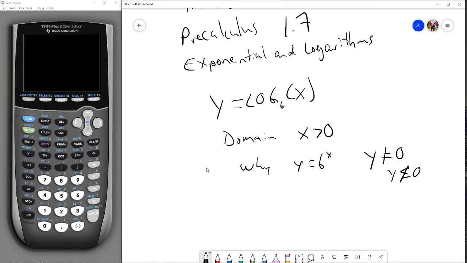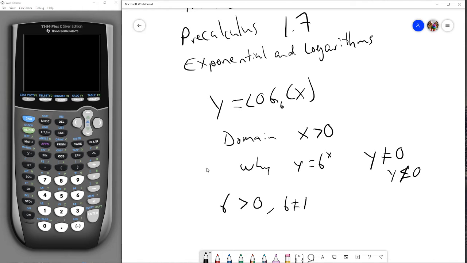Furthermore, we must specify that our b value for the log must be greater than 0 and not equal to 1.